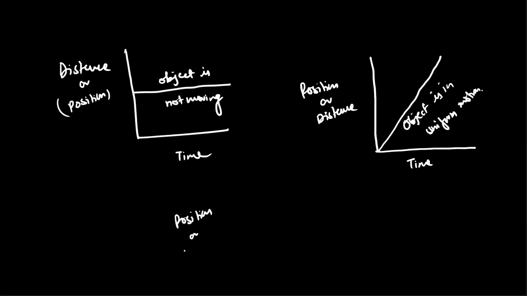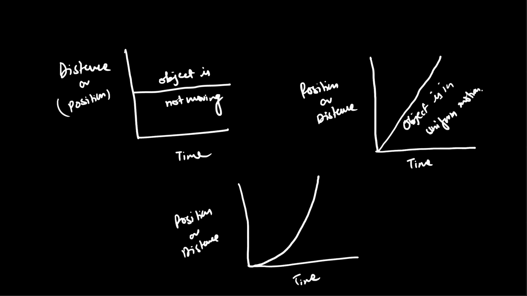And if it is a position or distance time graph and I'm having a graph like this, you see that the graph is curved.